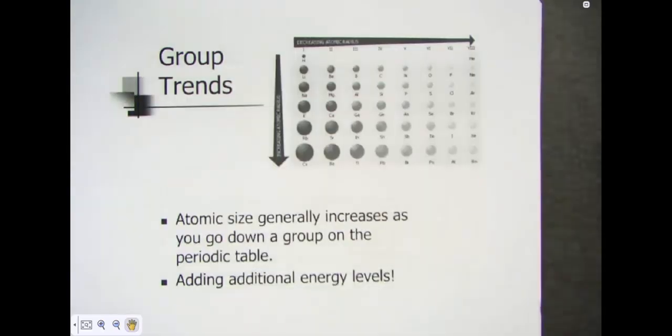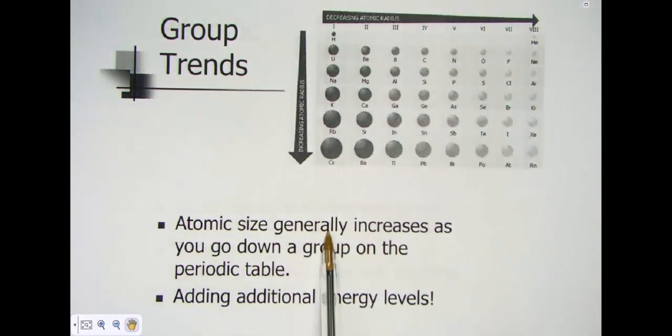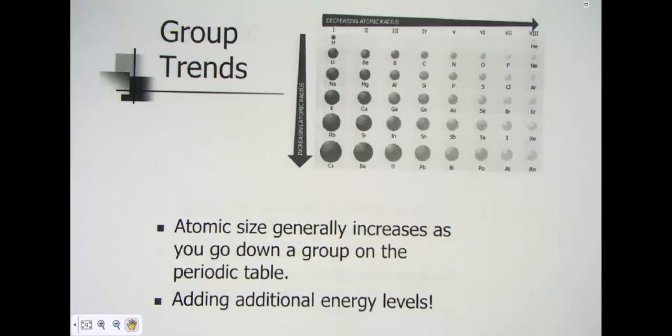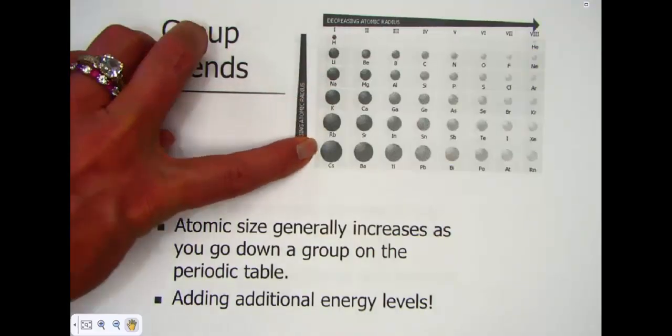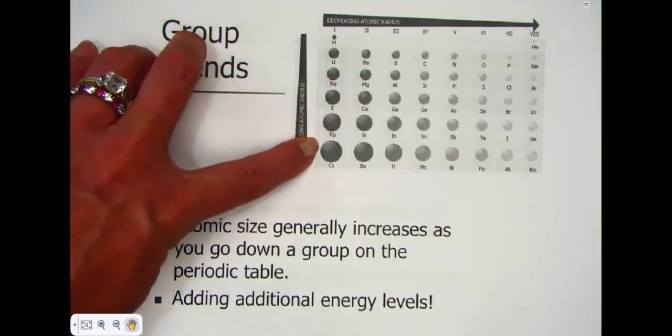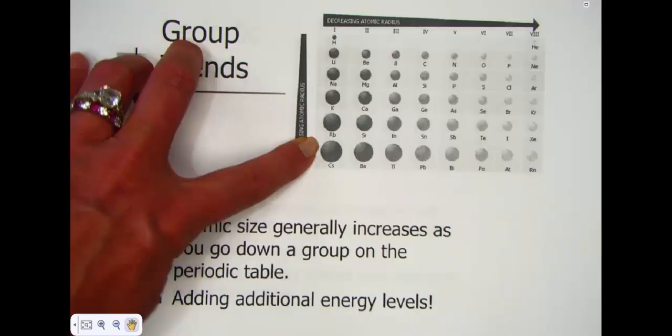Well, I agree. The atoms are getting larger as you go down the same column. Atomic size generally increases as you go down a group on the periodic table. Think about why. Each time we're moving down a column on the periodic table, we're adding energy levels. Additional principal energy levels, another ring around the nucleus filled with electrons.